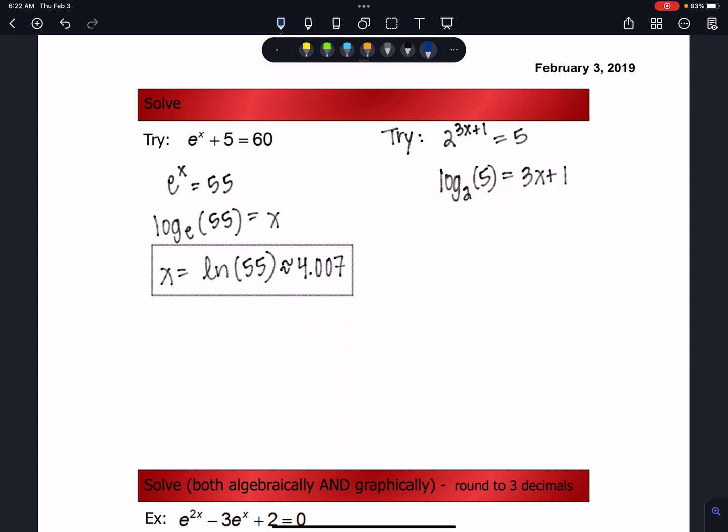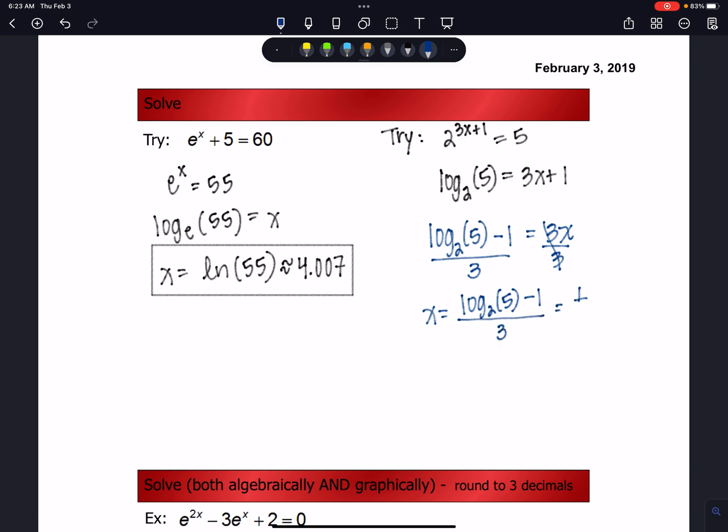Don't let the logarithm confuse you. This log base 2 of 5 is just some number. I'm going to subtract 1 from both sides so that I can solve for x, and then I'm going to divide both sides by 3. And I get x equals log base 2 of 5 minus 1, all divided by 3.